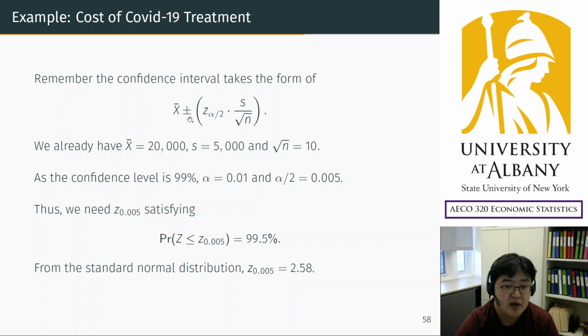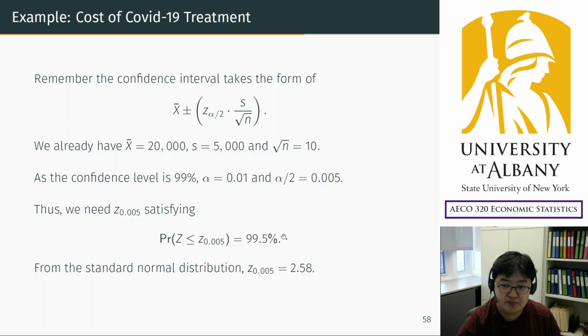In our example, as I said, we wanted a confidence level of 99%. That means only 1% error probability, and that means 0.5% error probability must be put on each side. So we need to calculate the top 0.5% value, or top 0.005 probability value.